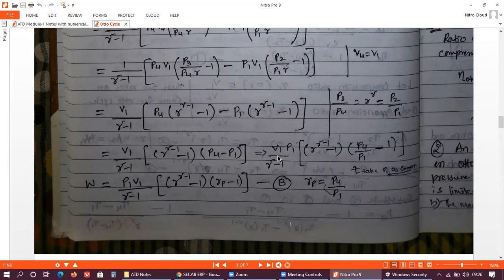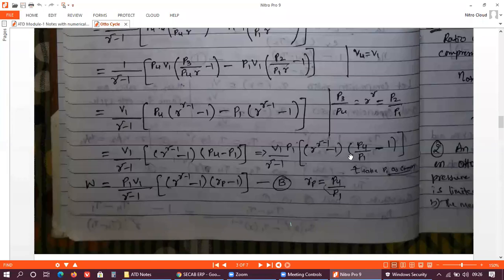Okay, next is taking the common. As you can see, take p1 as common in this expression, then it will become v1 p1 divided by gamma minus 1 into bracket r raised to gamma minus 1 into bracket p4 by p1 minus 1.